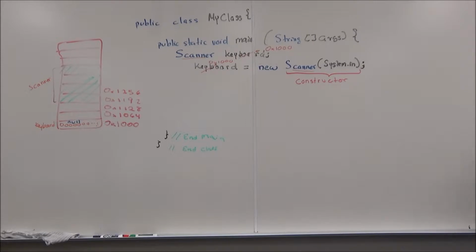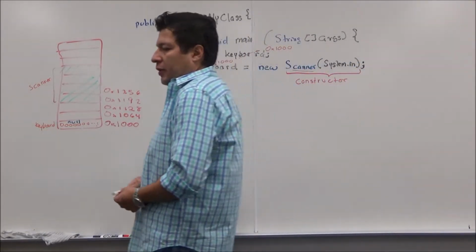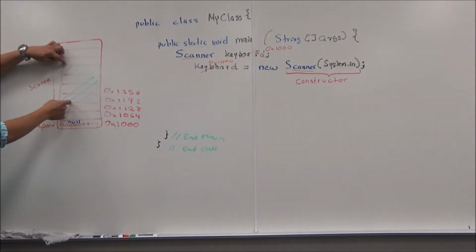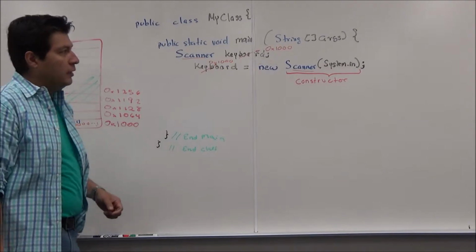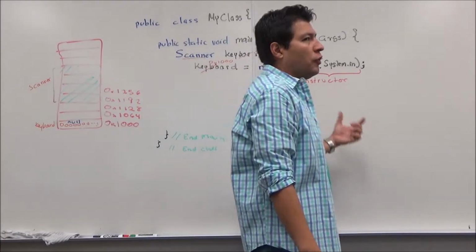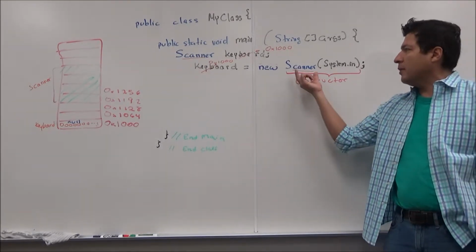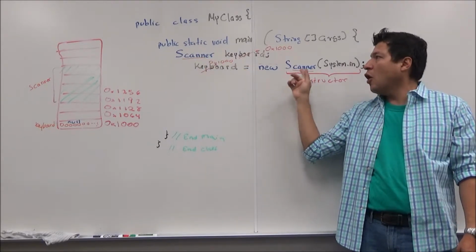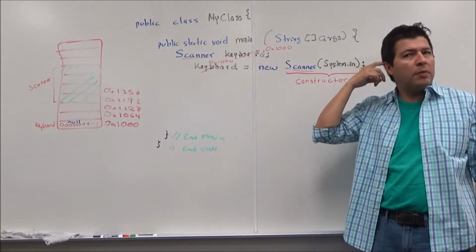So what does this constructor do? Well, the job of the constructor is to grab this chunk of memory. And the constructor is like a method. The only difference is that the method has the same name as the variable type, the same object type would be the correct word. You follow me?